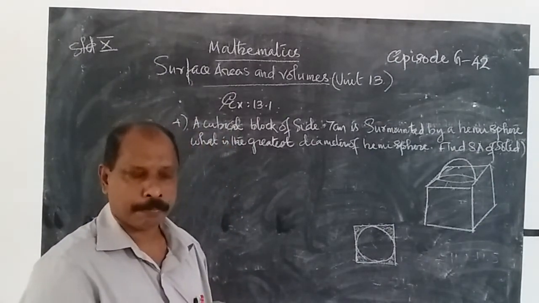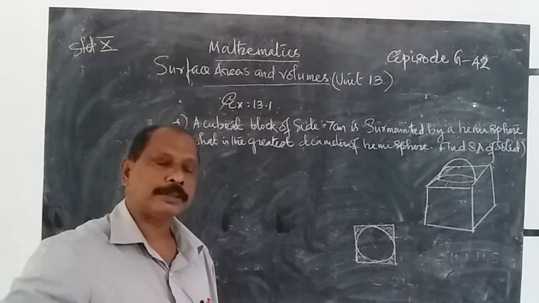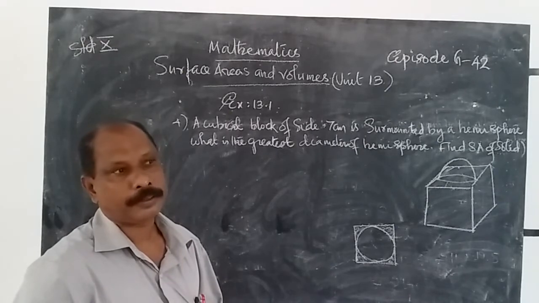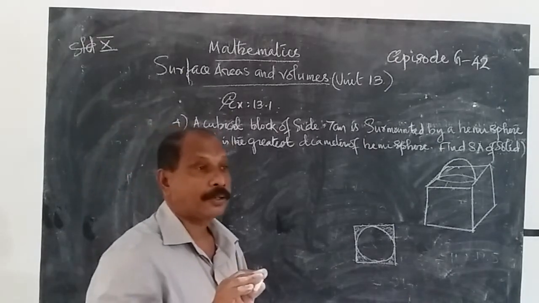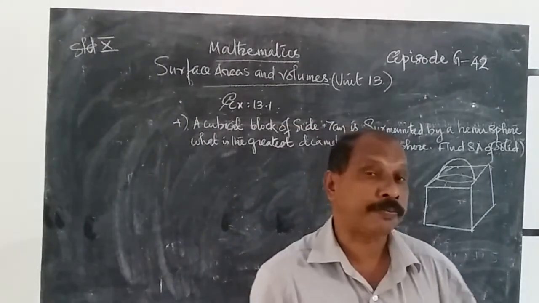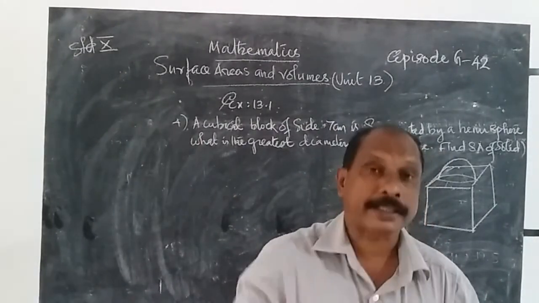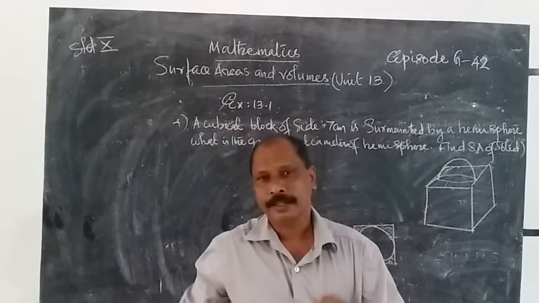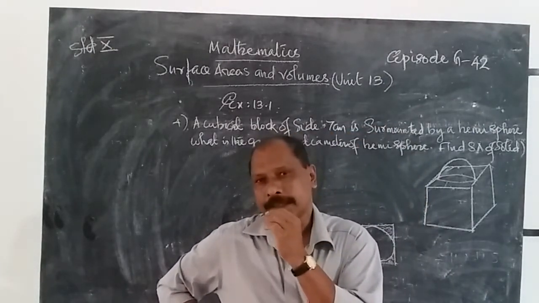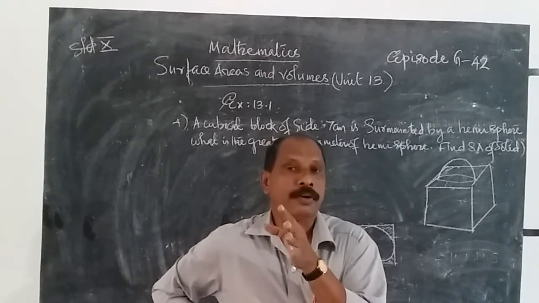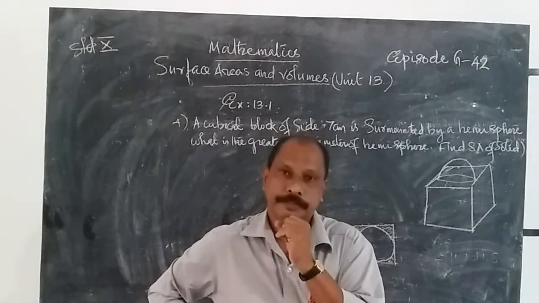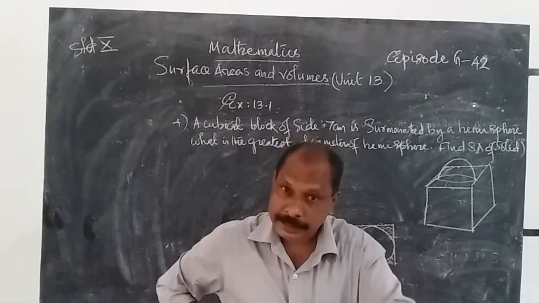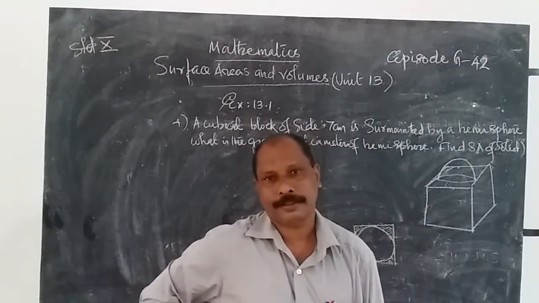That is the total surface area of the solid other than the surface area of the hemisphere. That means 6 a square is the total surface area of that cube minus the circle pi r square.